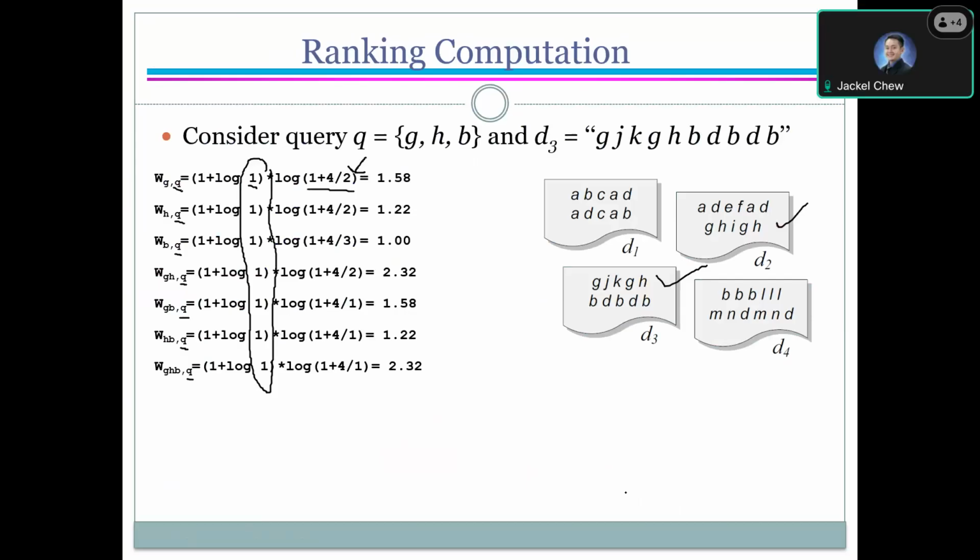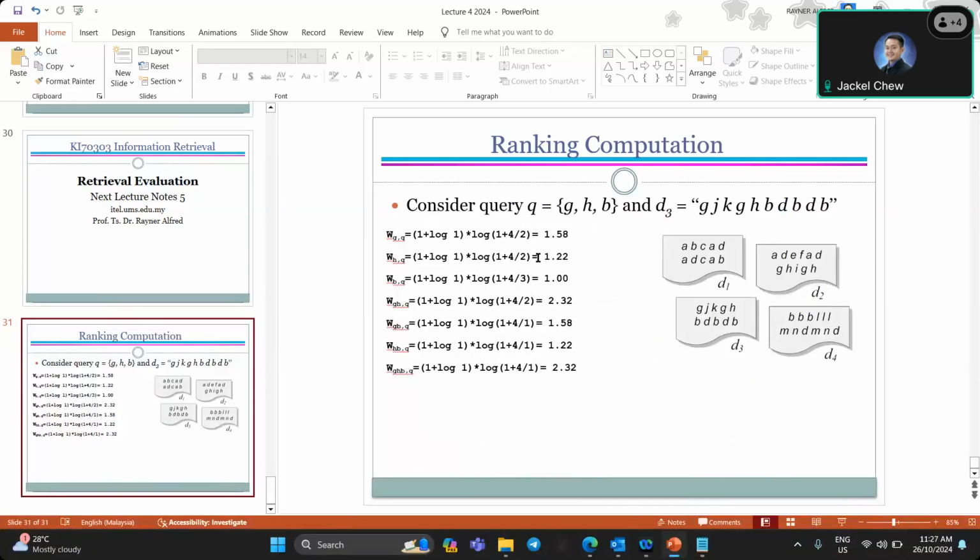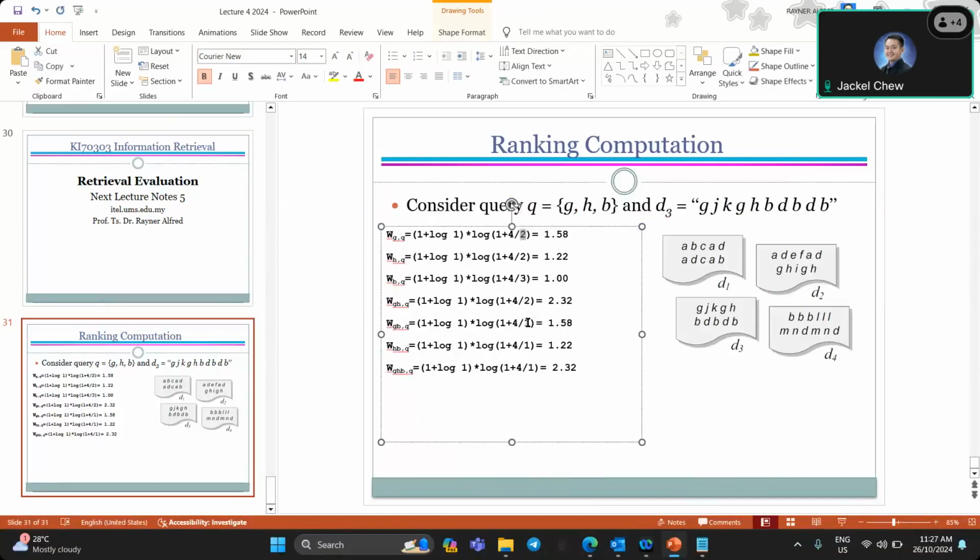For total number of documents consisting of G. And then the 4 above the 2 is the total number of documents. Yes, total documents is always 4, right? Yeah, in our example.